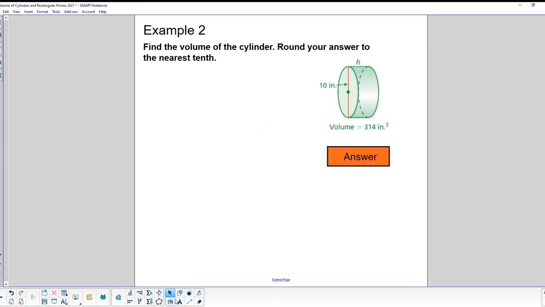Okay, now in this particular problem, they actually give us the volume, and they want us to find the height of the cylinder. So I'm setting it up. So 3.14 times 5 squared.